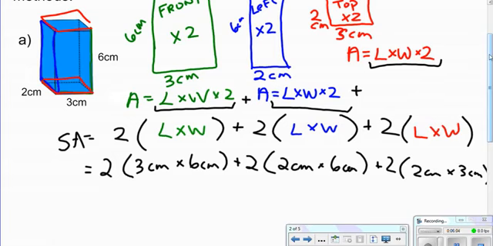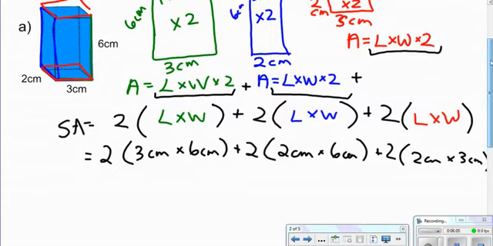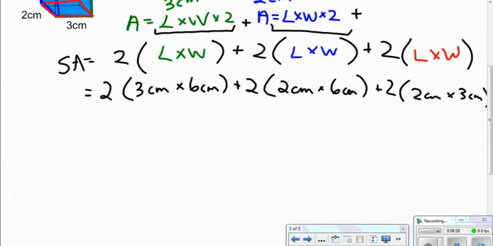Keeping in mind your order of operations, any multiplication needs to happen before any addition happens, and we need to solve brackets before anything else. But hopefully you notice these 2's are just more multiplication. So I can actually do all of this at once, followed by all of this, and all of that.